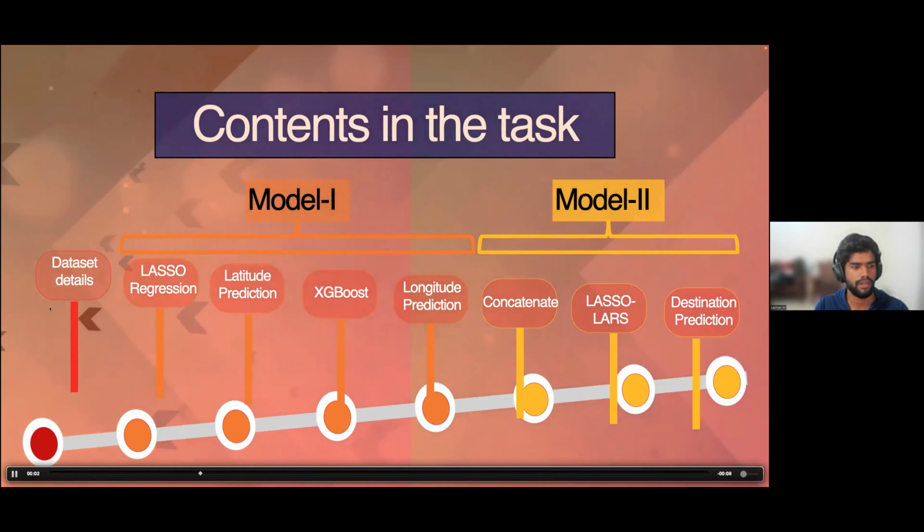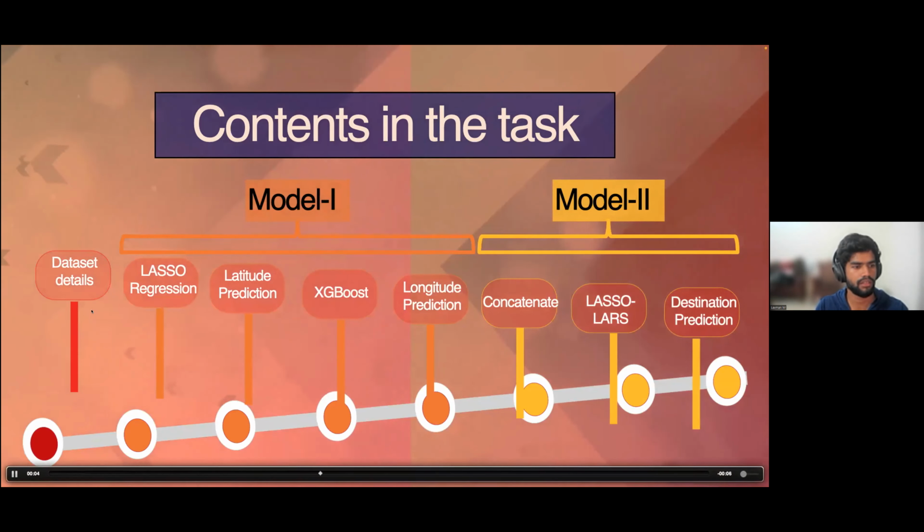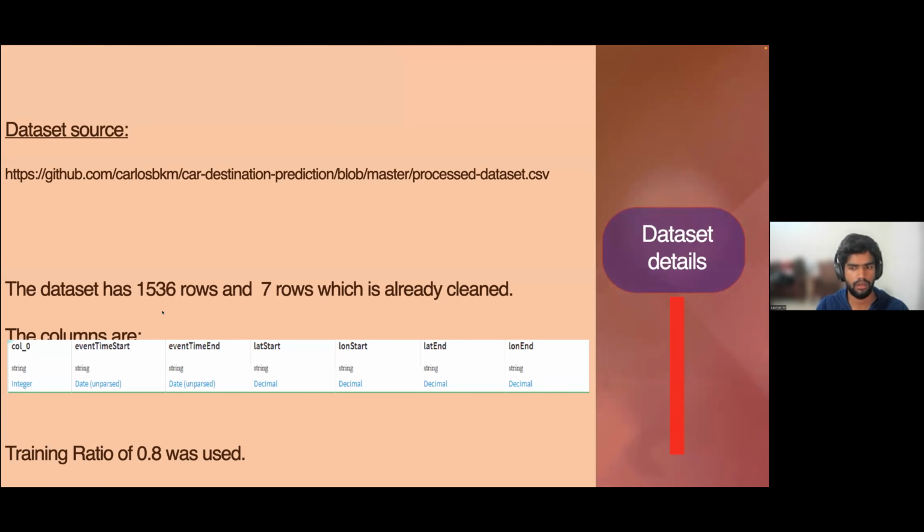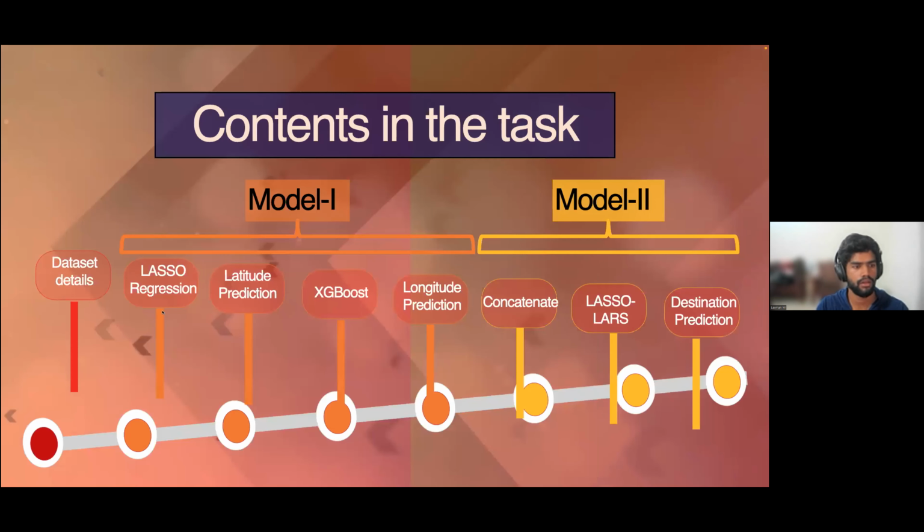So in this model, we are going to use the data set and predict using our lasso regression models. First, we'll be taking the data set from our GitHub. After taking the data set values, we'll be using the lasso regression algorithm. First, we are going to predict the latitude.